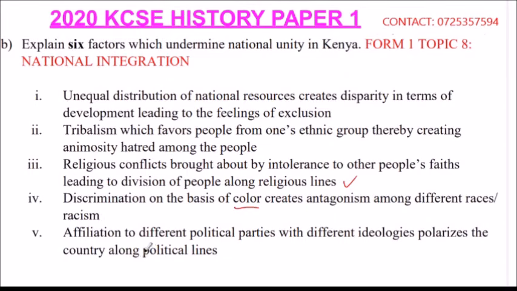Number 5, affiliation by different parties with different ideologies polarizes the country along political lines. So the different political parties, after multi-party was reintroduced, undermine national unity, because different political parties have different ideologies.